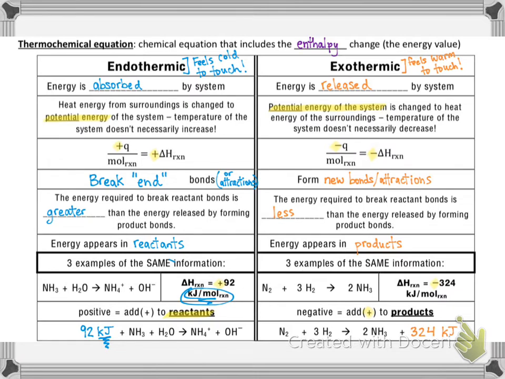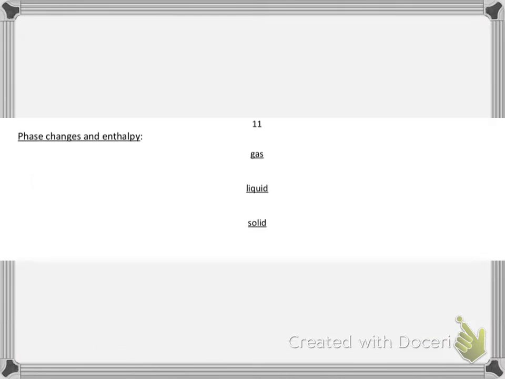Okay, so now that's when we're talking a lot about chemical changes, but you can also talk about endo or exothermic phase changes or changes within states of matter. So let's go ahead and look at the differences between, like, if you're changing from a solid to a liquid or a liquid to a gas. Well, first things first, remember that as you're going up from solid to a liquid, liquid to a gas, you are increasing in energy.